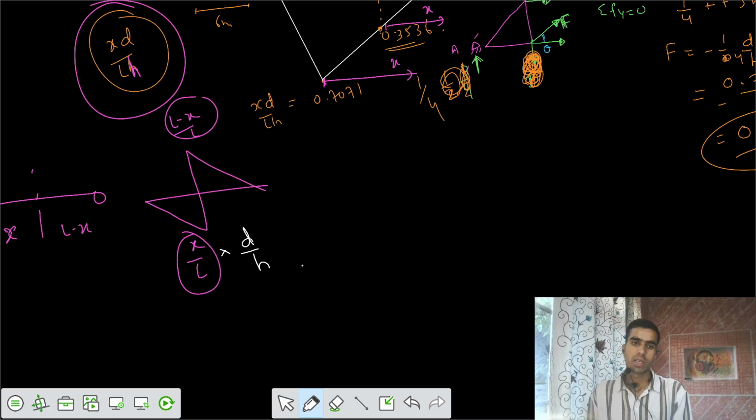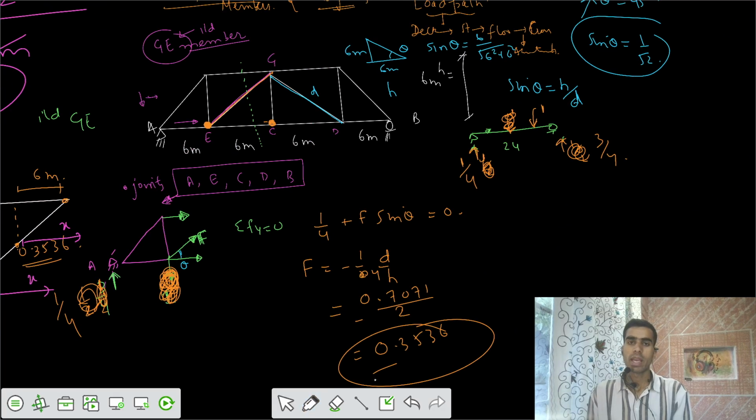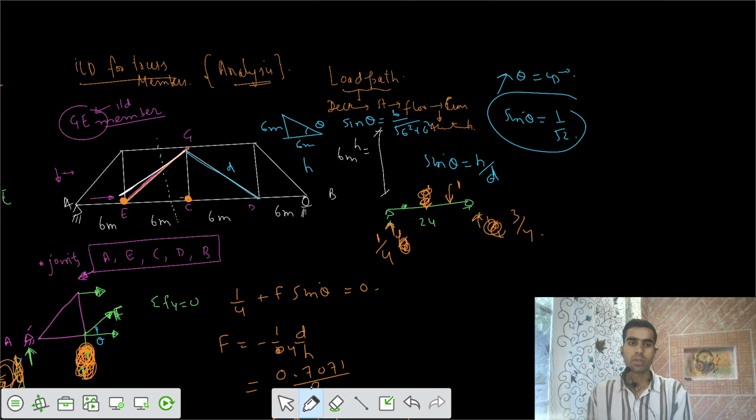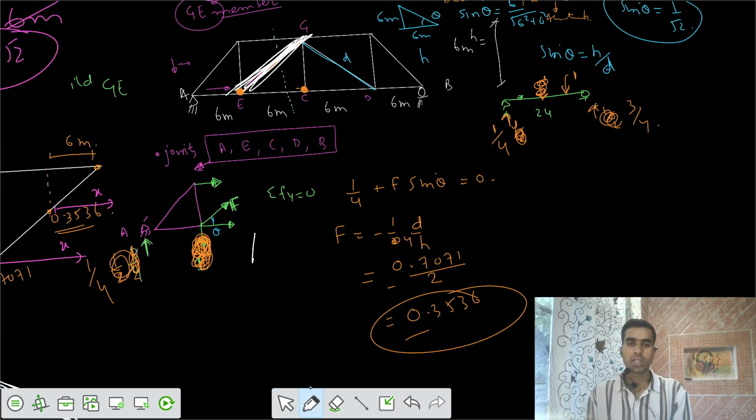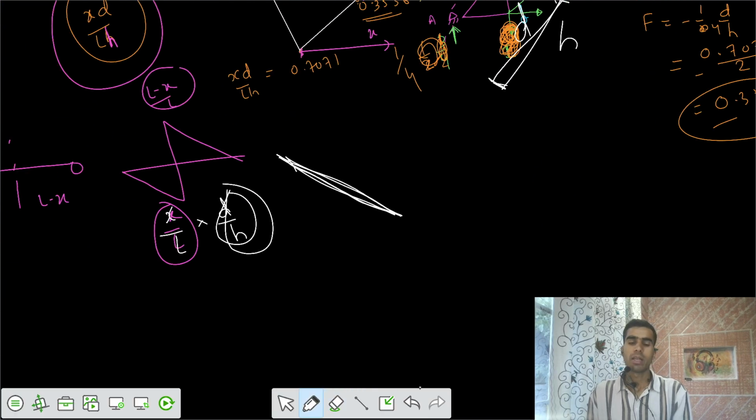It accounts for the member being a diagonal web member, with some height h and some diagonal length d.